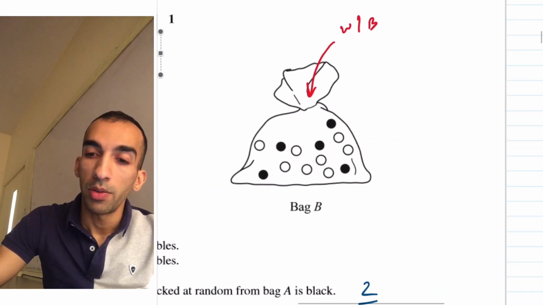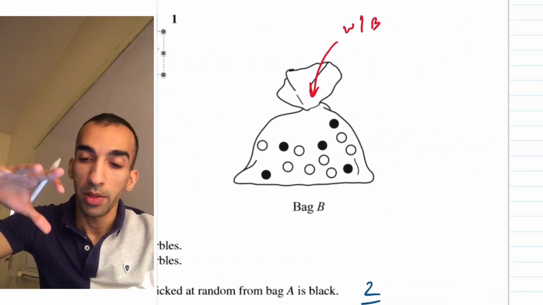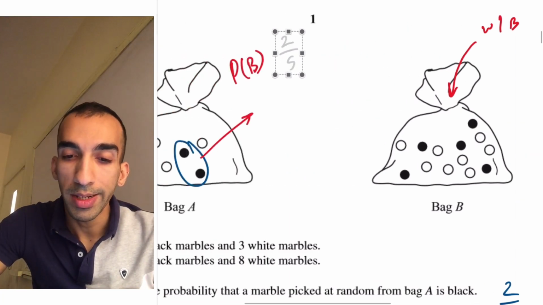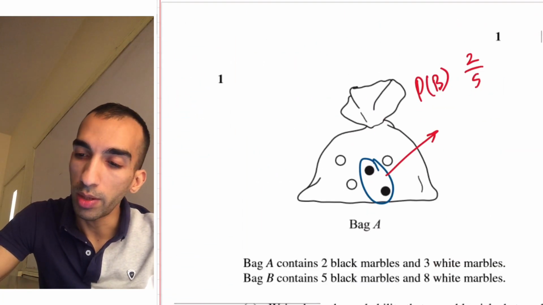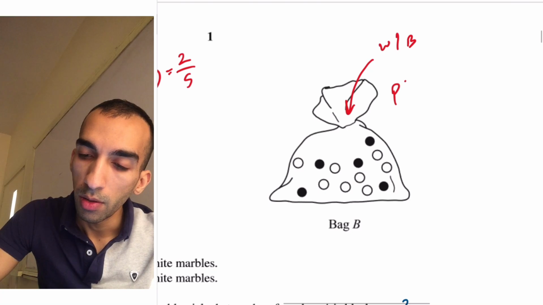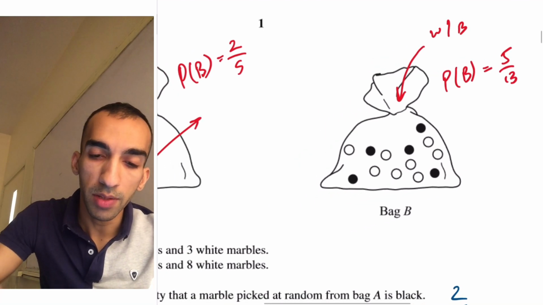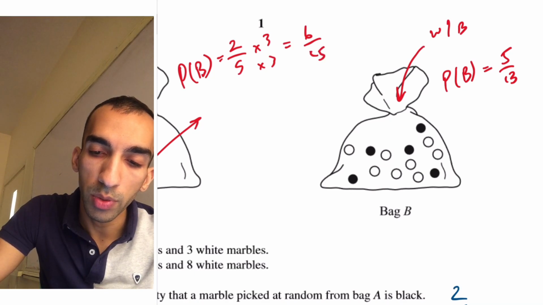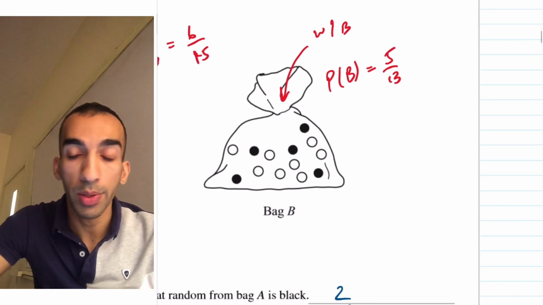They're saying we need to add some number of marbles in bag B, black and white both, so that it simplifies to exactly the same fraction. We are already at 5 by 13, and we just found out that if we multiply this entire fraction by 3, we get 6 by 15, which is very close to this number 5 by 13.